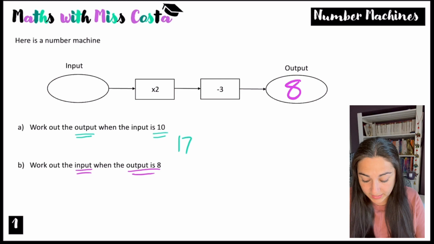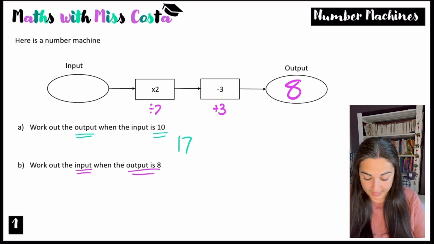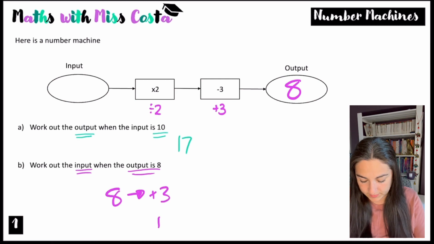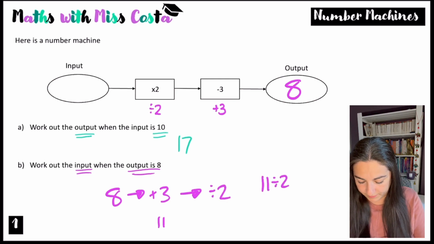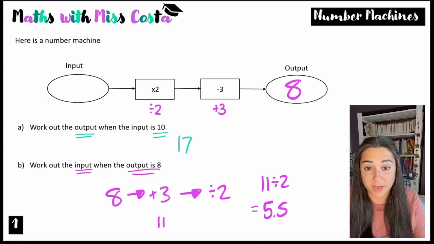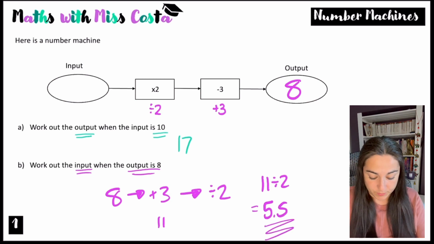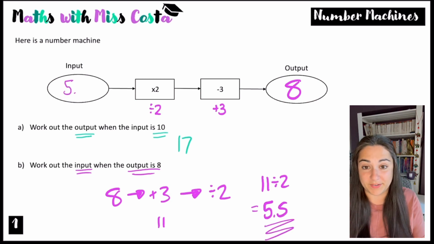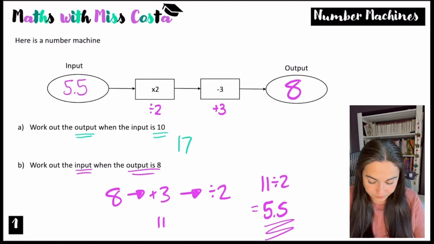So the inverse of taking away 3 is adding 3, and the inverse of timesing by 2 is dividing by 2. So we're going to do 8 plus 3, which is 11, and then divide that by 2. So 11 divided by 2 is 5.5. So when the output is 8, the input will be 5.5, and that's how we do our number machines.